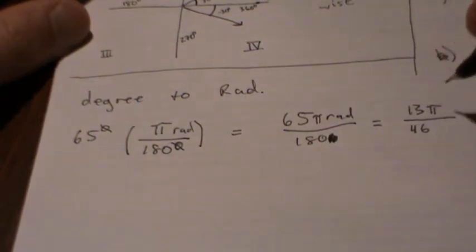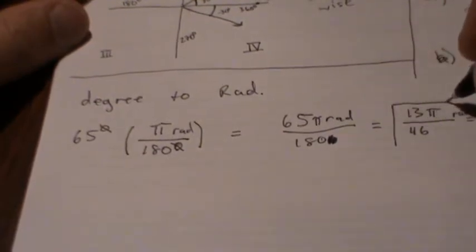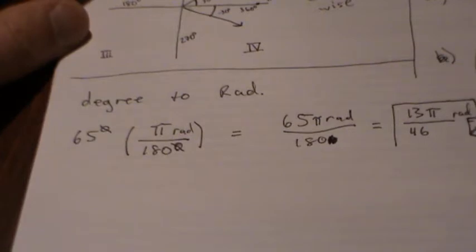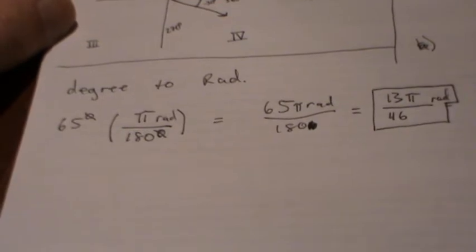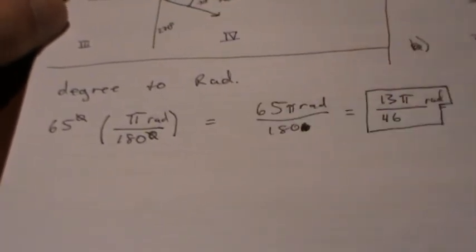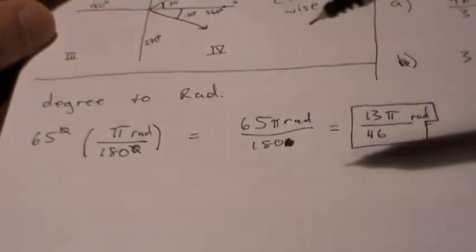So it'd be 13 pi over 36. And that's radians. That's how you would get that done. So basically the moral of the story is degrees to radians, you multiply by pi over 180.